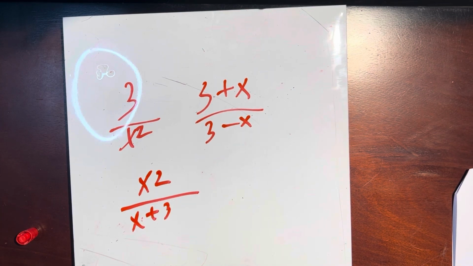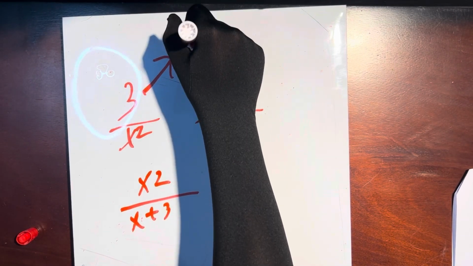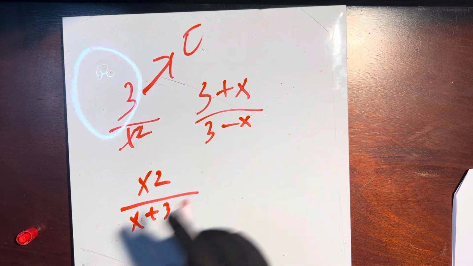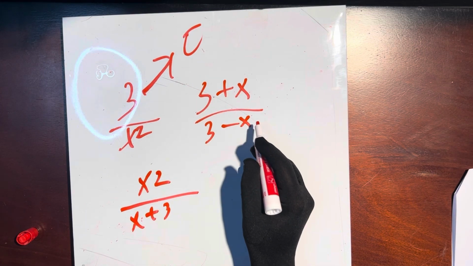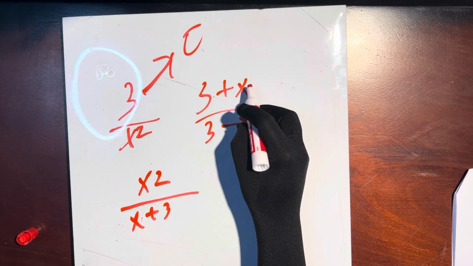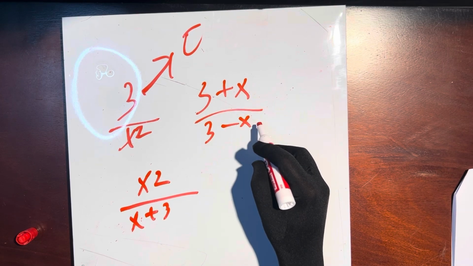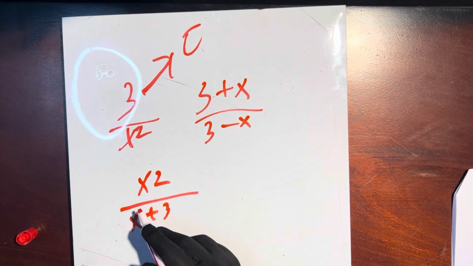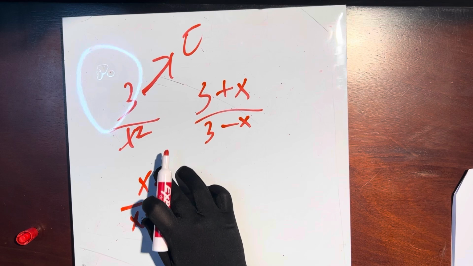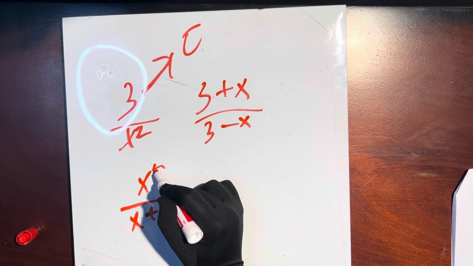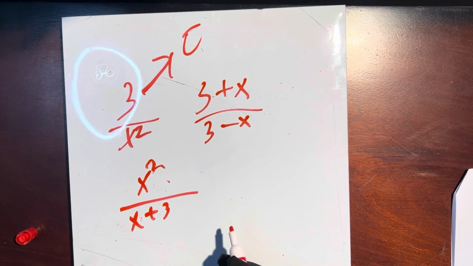These all represent the 3 forms it could possibly be. If there's no x on top, it becomes instantly 0. If the numerator has an x that is too large, such as x being squared, then it's automatically infinity.